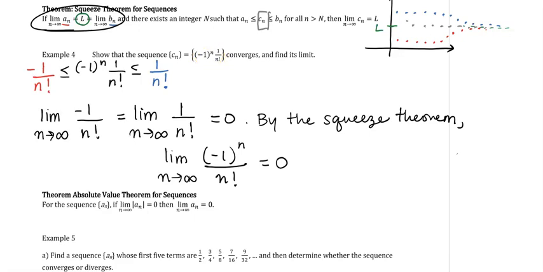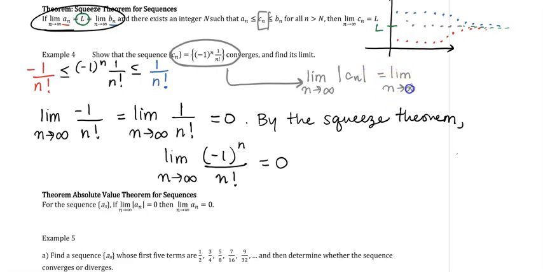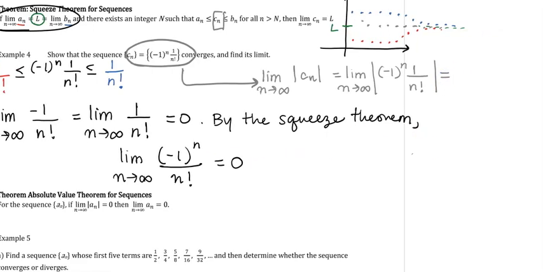If I asked you to find the limit of this sequence, you could have started and said, well, I don't like the negative 1 to the n there, so instead of finding the limit of c sub n, I'm going to find the limit as n approaches infinity of the absolute value of c sub n. As soon as I put the c sub n inside the absolute value, the negative 1 to the n no longer matters, because when we take the absolute value of that, it will simply just be 1.